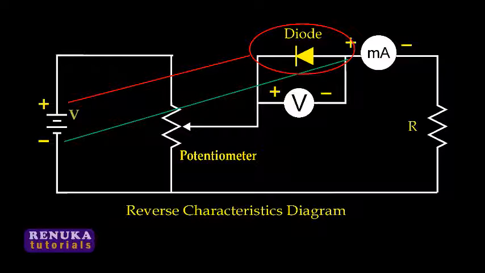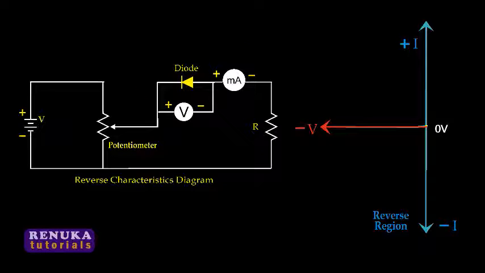Now let us take a VI graph. When the applied voltage is in opposite polarity to that of the PN junction diode and the voltage is gradually increased, again there will be a leakage current, but it is a very small amount.